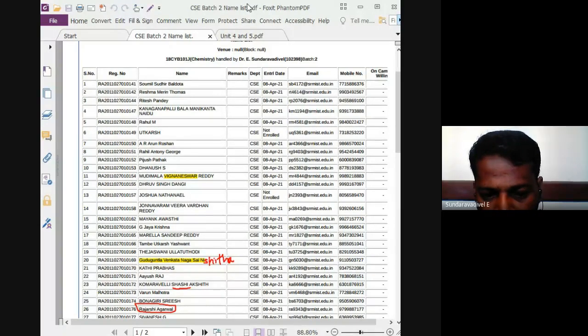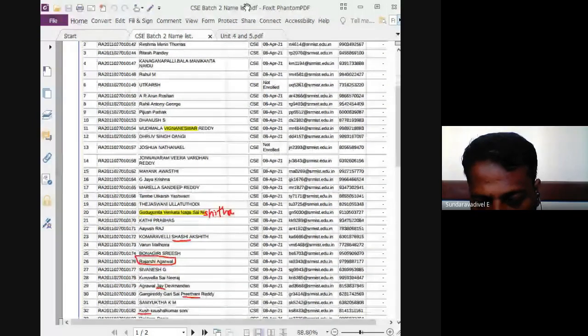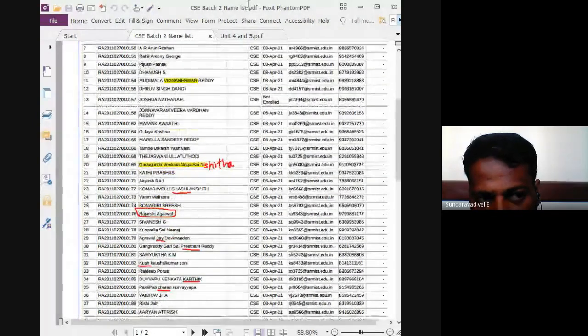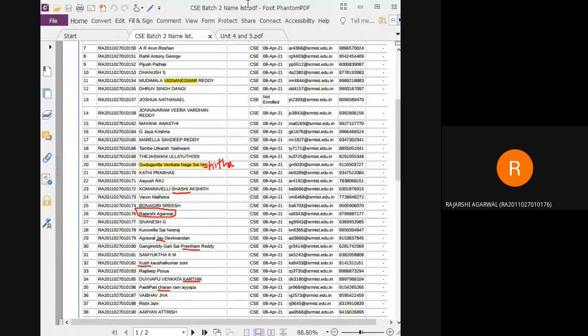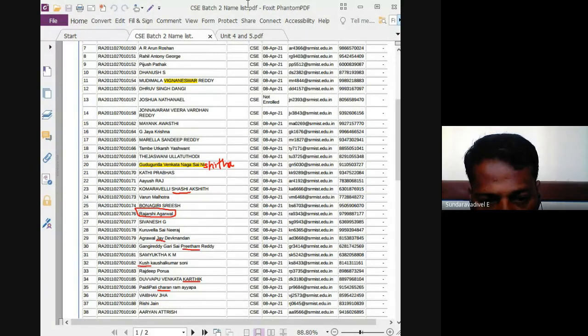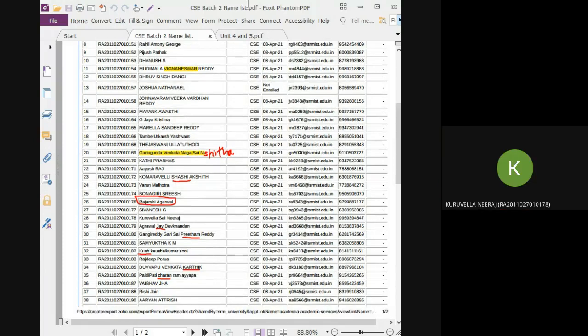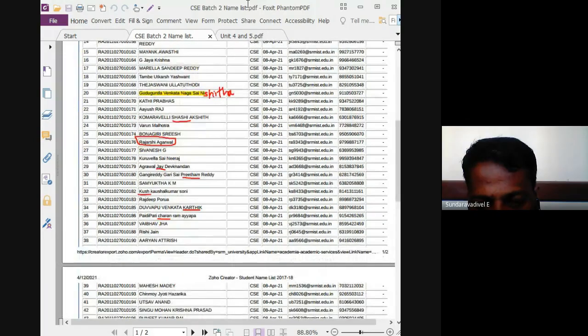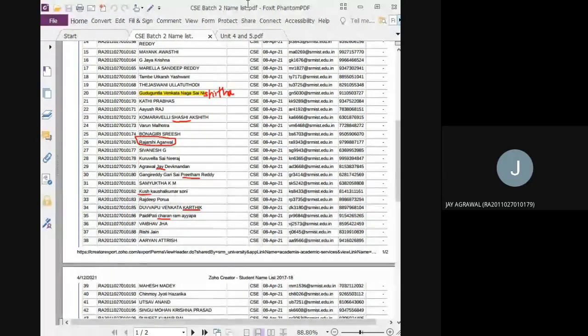Srish. Rashti Agarwal, present, sir. Sivanesh, present, sir. Sai Neeraj, present, sir. Jay, present, sir. Preetam, present, sir.